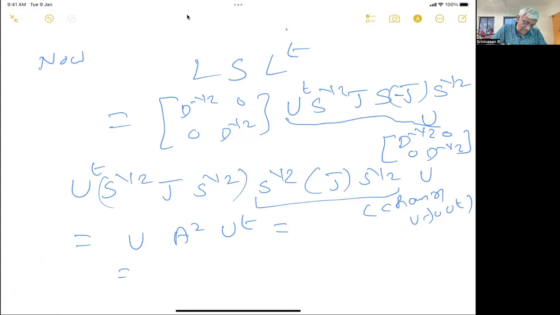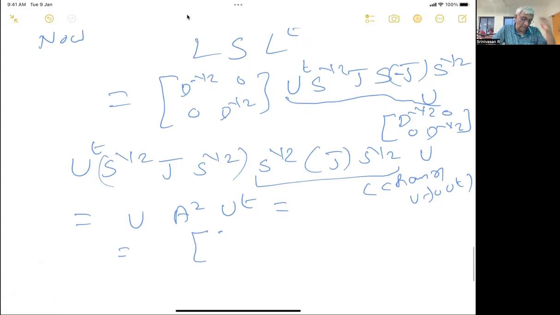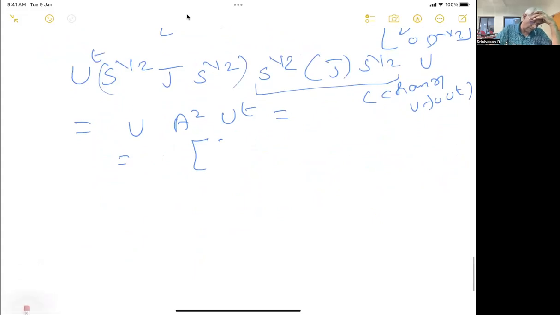So finally we get that this is equal to, you can write it like this, for example. This A is symmetric, so A square will be symmetric. So we need to have A u transpose u A u transpose, right? We can write it like this.